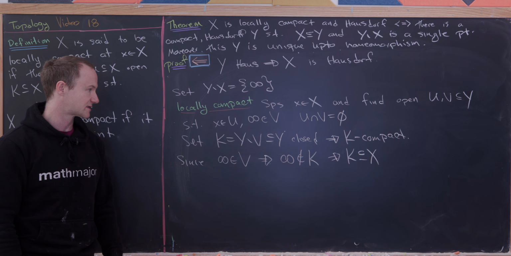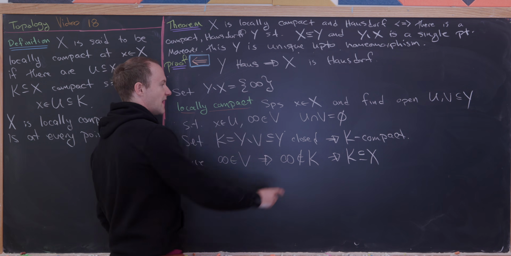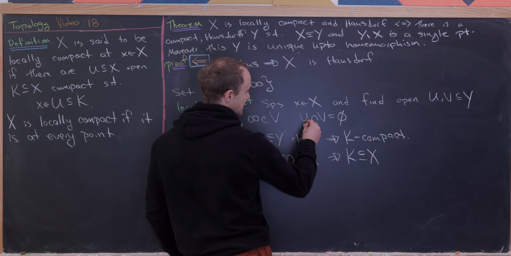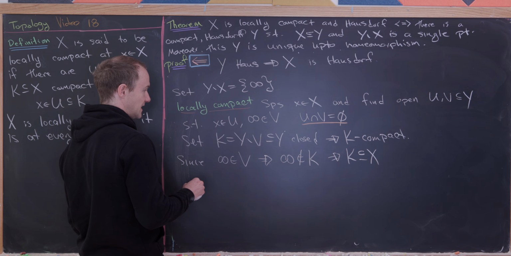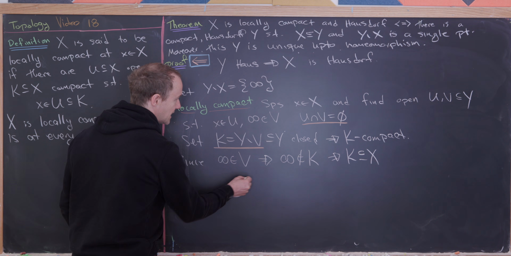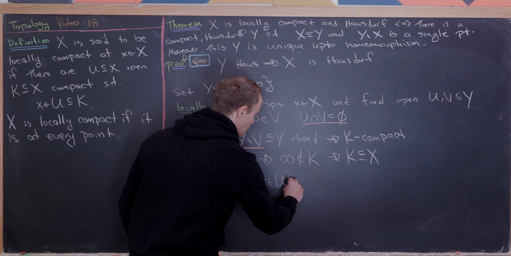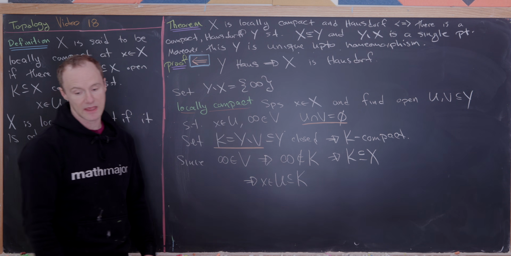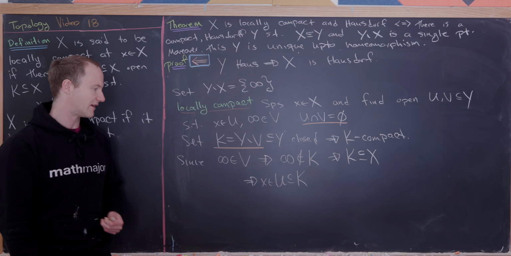But then let's also observe that putting these two things together, U intersected with V is empty, and K is the complement of V, tells us that we have x inside of U, which is a subset of K. But taking a step back, that's exactly what we wanted to have here.